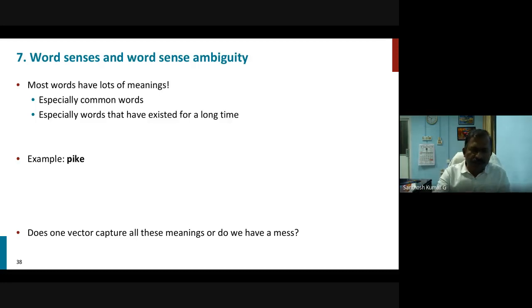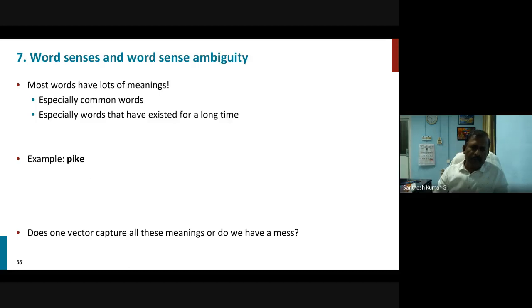For example, the word pike will have a lot of meanings. So the natural question could be, does one vector capture all these meanings, or do we have a kind of a mess? Okay.